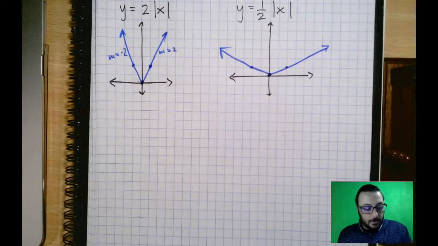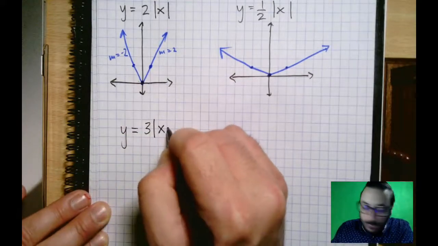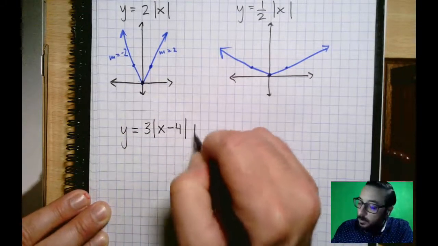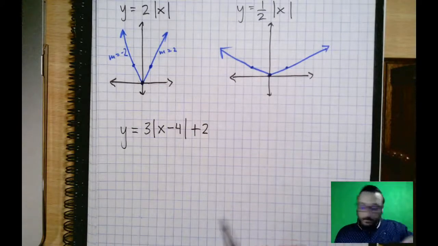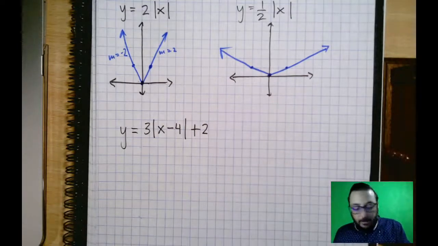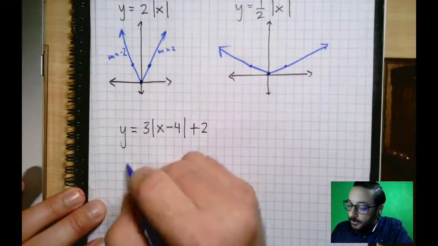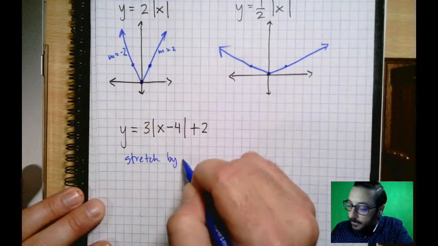All right, we're going to do one more. Put it all together here. y equals 3 times the absolute value of x minus 4 plus 2. And let's see, what do we have here? Let's talk about our transformations. So we have our stretch by a factor of 3.